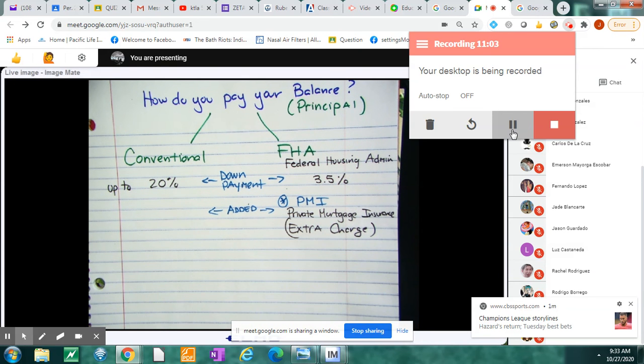Why do you think they put that? Well, because it's a low down payment, right? And for them, it's just extra money. All right, we'll let you get in the house for 3.5, and the FHA will back us up. They won't back you up if you default on payment, but they'll back the lender up.